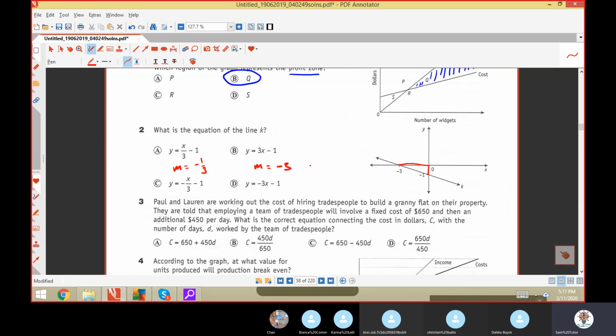So this one here is a lot flatter. This one's steeper, and this one's flatter. So the answer is C because the line's flat. It looks more flat.